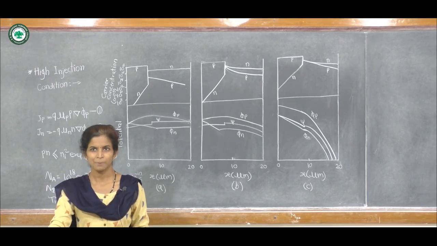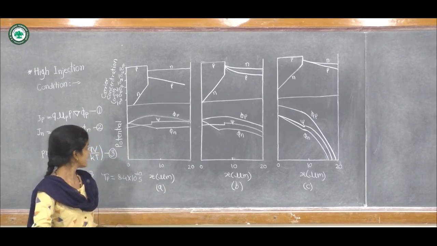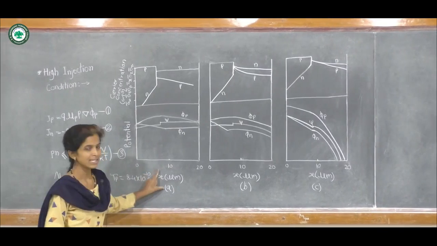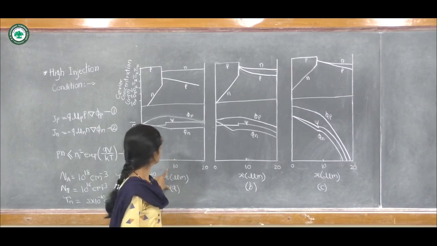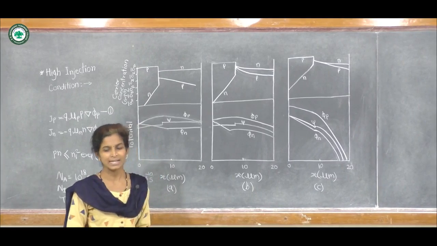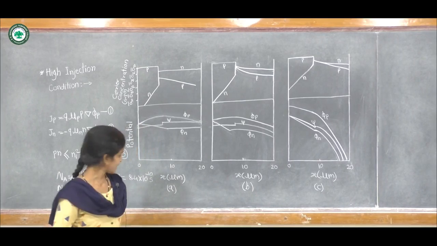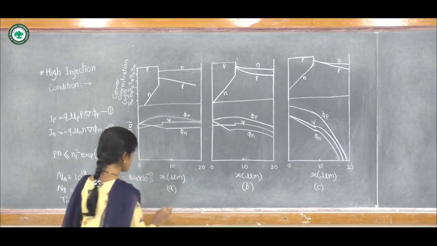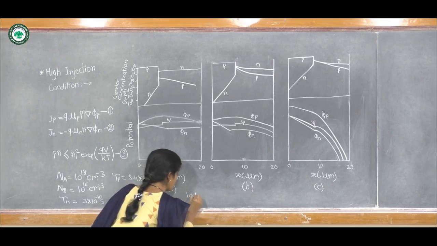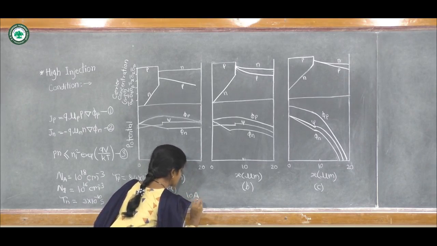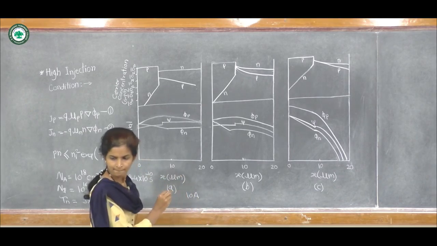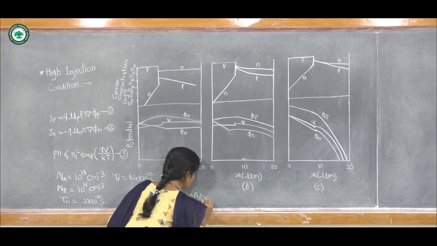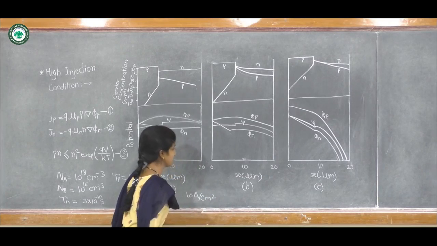we have drawn this plot of carrier concentration against distance for the different current densities. That is, this figure A is for the current density of 10 ampere per centimeter square.